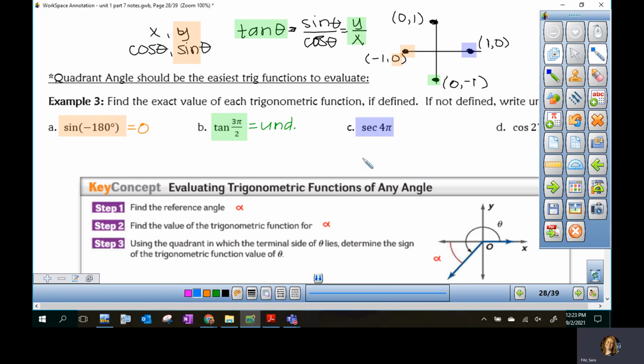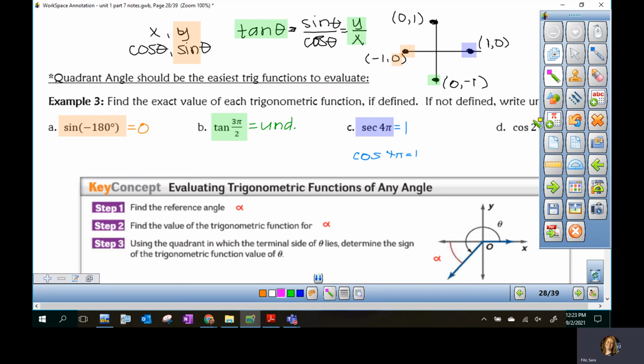So I'm asking myself, what is cosine at 4 pi? So which one of these is cosine? Which is 1. Well, what's the reciprocal of 1? 1. If you think of it as a fraction, 1 over 1, flip it, still 1 over 1. So that answer is 1.